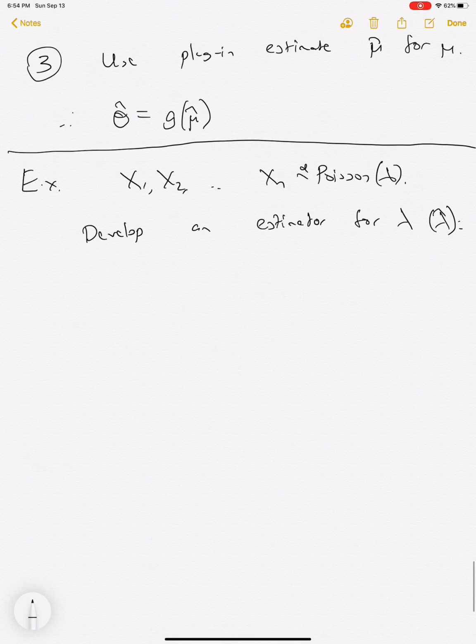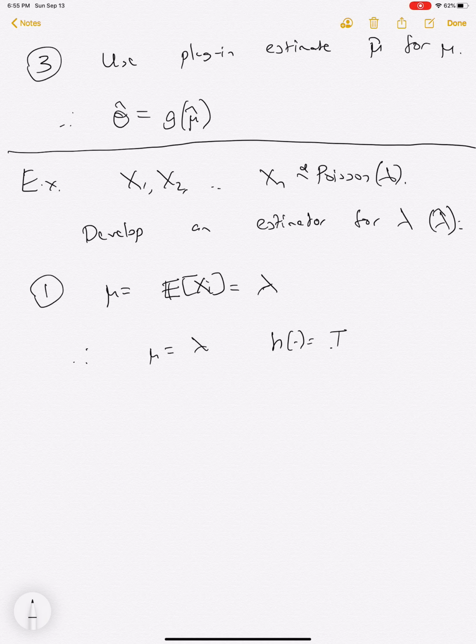then we know that for step 1, mu, which equals E of Xi, is equal to lambda for a Poisson random variable. It's something that you can either look up in a table or calculate. So therefore, mu equals lambda, and your h is just the identity function.